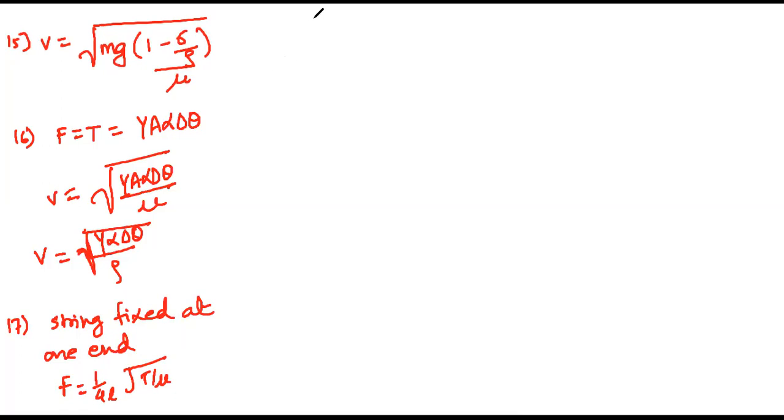And after that, next is f_p is equal to p by 4L under root T by μ. Next f is 5 by 4L under root T by μ. This is in case of string fixed at one end.